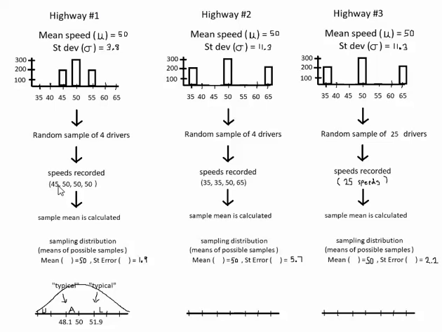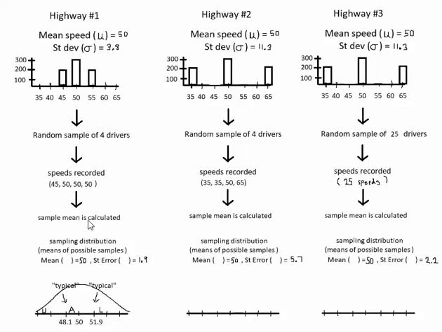These four speeds can be whatever you want them to be, as long as they actually come from your population. So, for example, I couldn't put 100 as a speed because 100 doesn't exist in my Highway 1. And then once you do that, make an arrow and go sample mean as calculated.